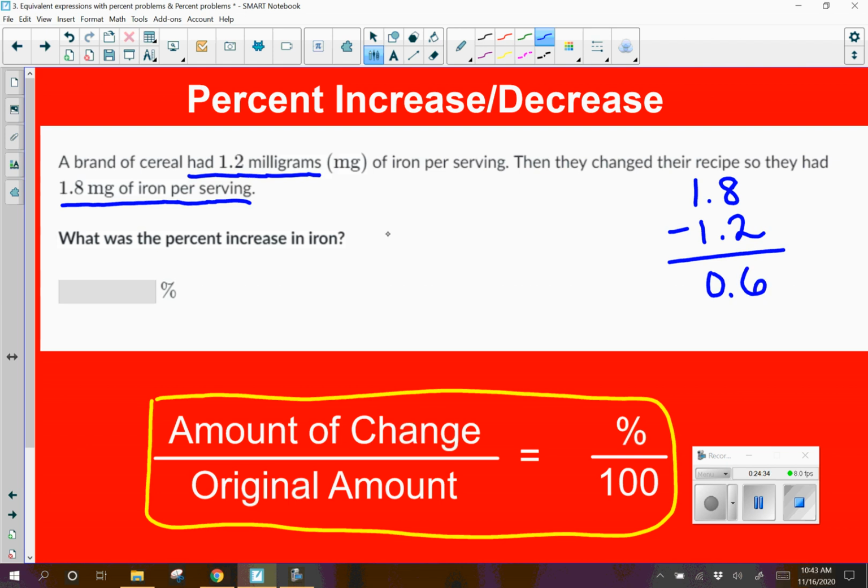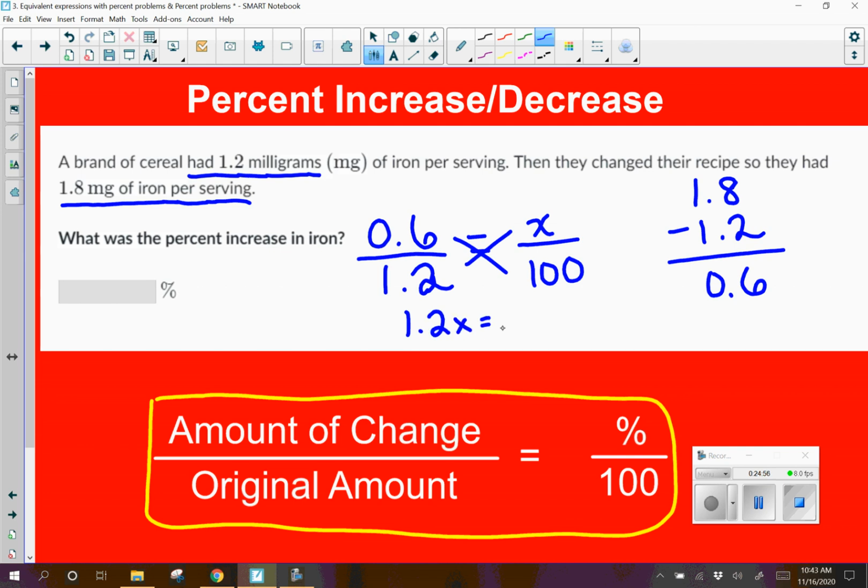So I'm going to start my proportion. Amount of change over the original. Well, it had 1.2, so that's the original. And that's going to equal our percent, which we're trying to find, over 100. And now we're just solving it like we would any proportion. 1.2 times x gives me 1.2x. 0.6 times 100, well, scoot it 2 places, gives us 60.